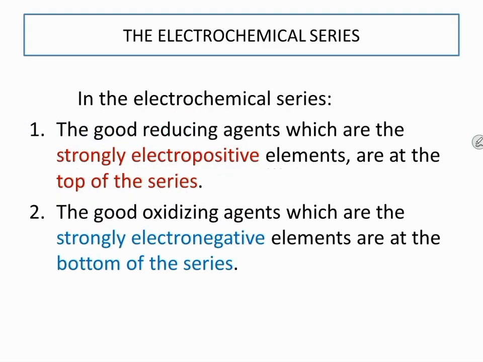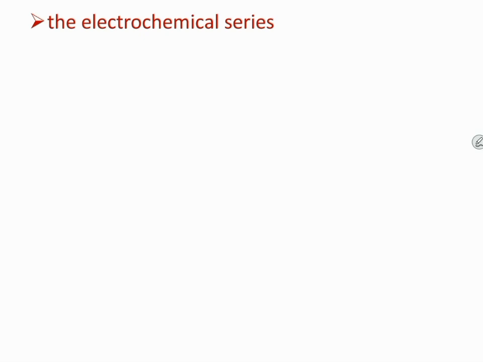The good oxidizing agents, which are the strongly electronegative elements, are at the bottom. Remember, the ones that normally accept electrons are the oxidizing agents, while the ones that normally donate electrons are the good reducing agents.